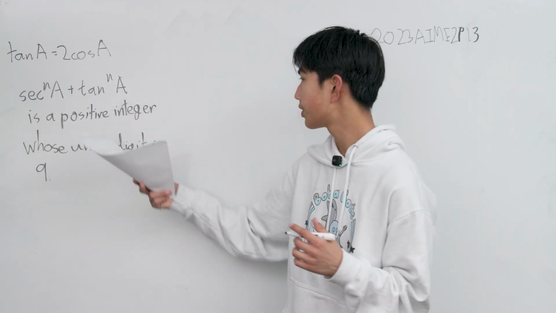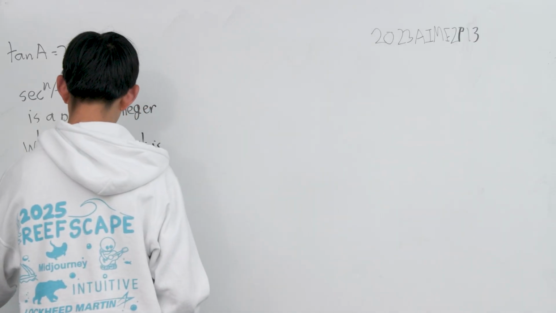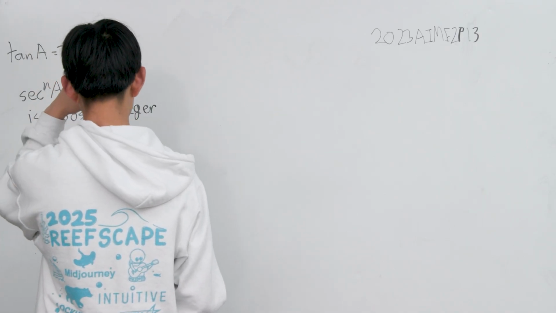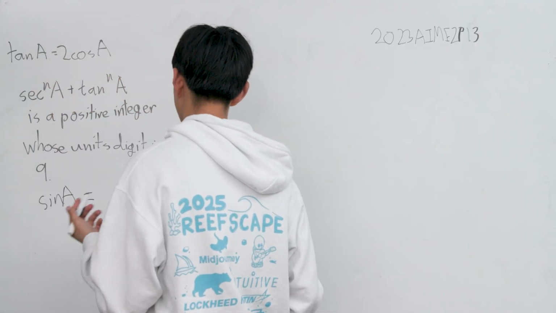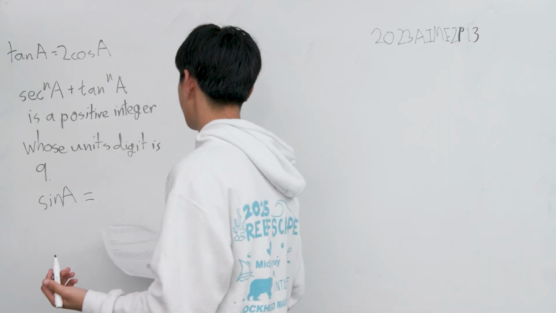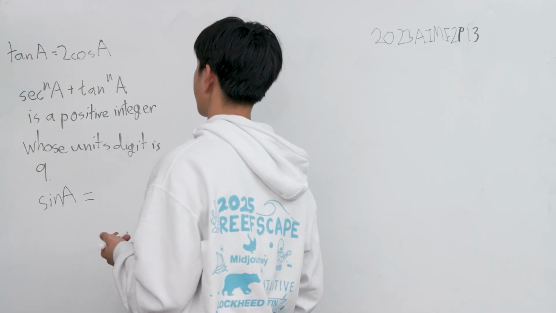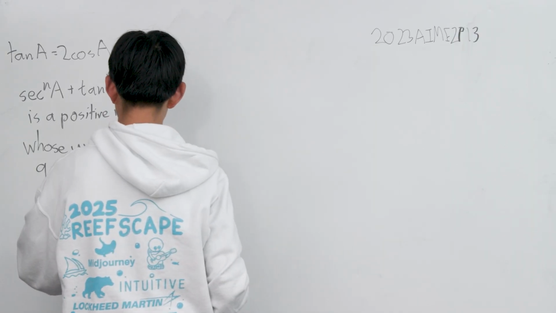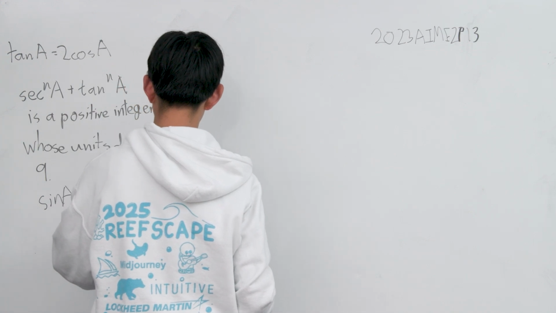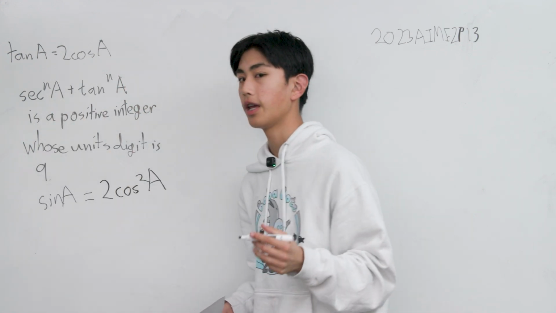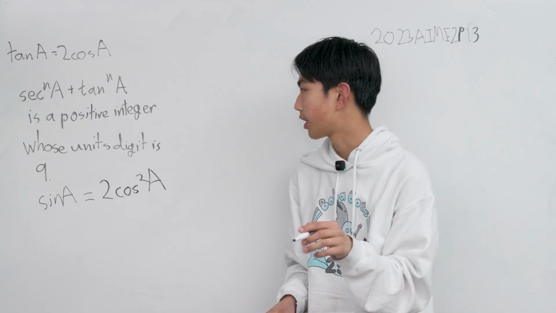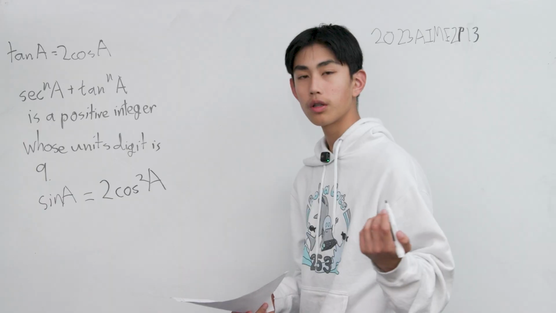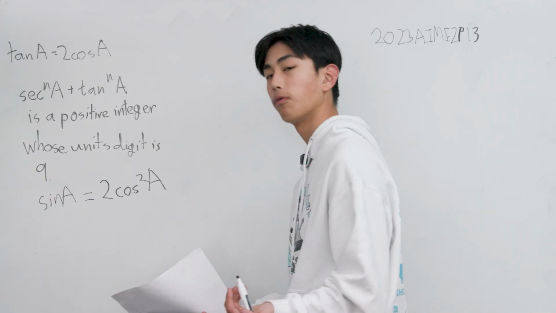So from this, we get that sine of A is going to equal 2 cosine squared A, because tangent of A is equal to sine of A over cosine of A, so then the cosine just multiplies over.